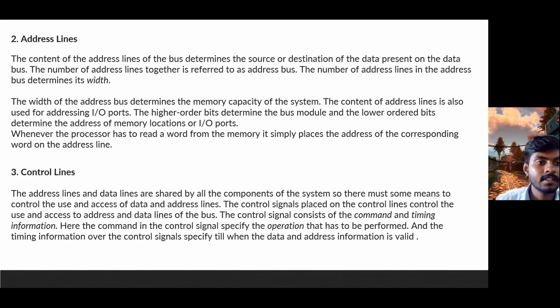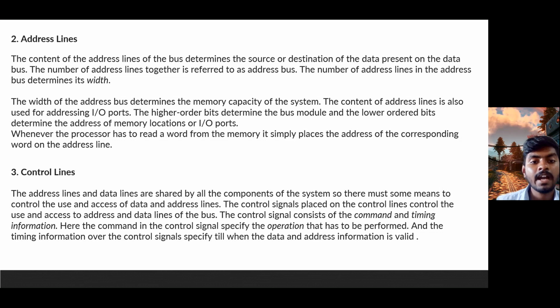Next, coming to the address line. The content of the address lines of the bus determines the source or destination of the data present on the data bus. The address lines together are referred to as the address bus. The number of address lines in the address bus determines its width. The width of the address bus determines the memory capacity of the system.